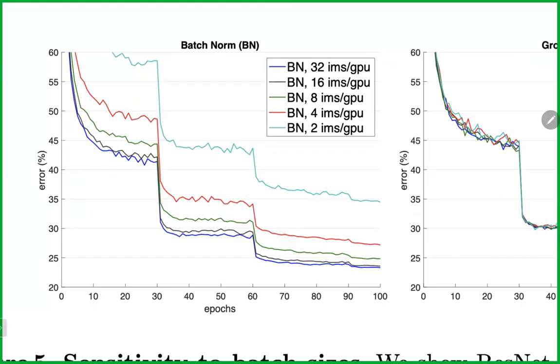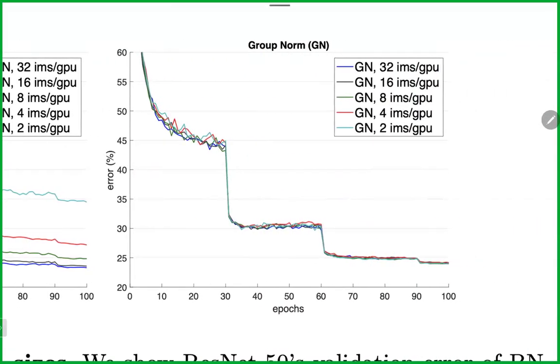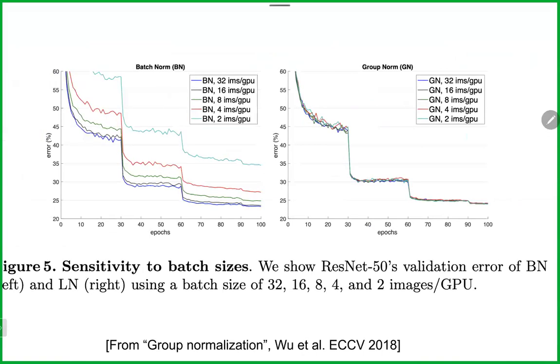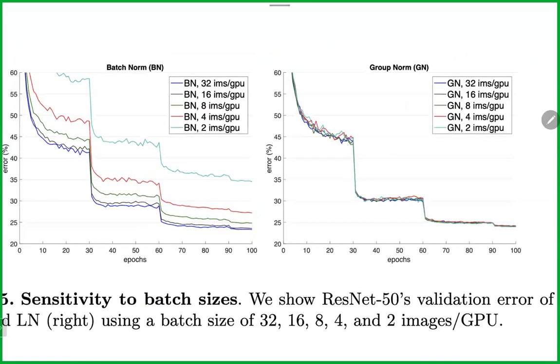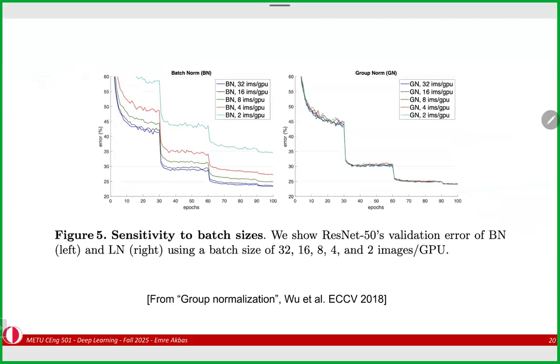But with group normalization, your errors are similar, independent of the batch size you use. So that's a nice property. Because for some problems, your GPU memory might be small, or your network might be too big, then you have to use small batch sizes. In that case, you should go for group norm, not batch norm.